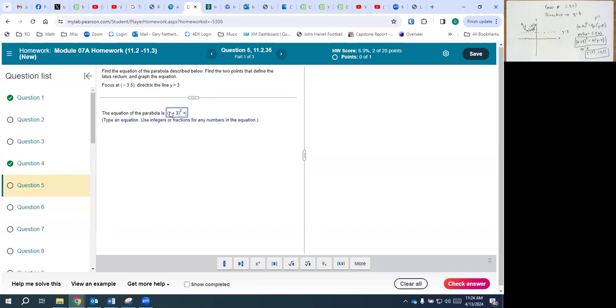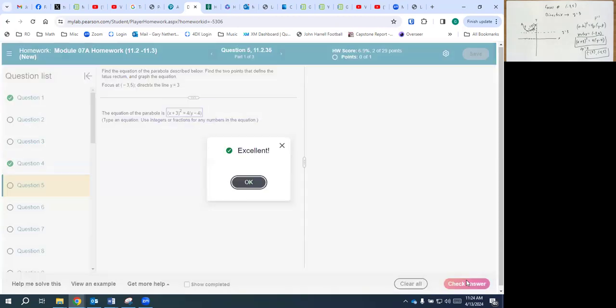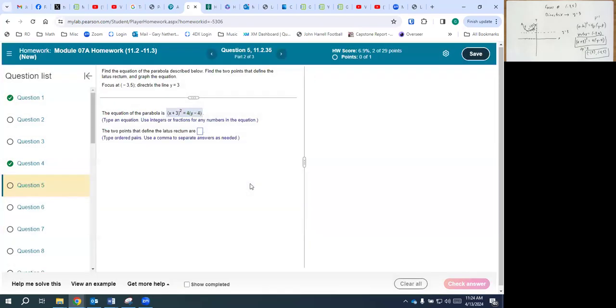And since it's opening up, it's actually positive. So it is going to be a positive 4. Sometimes I forget to confirm whether it should be positive or negative. So this is what I believe the equation should be. We can check it. And that's good. It's correct.